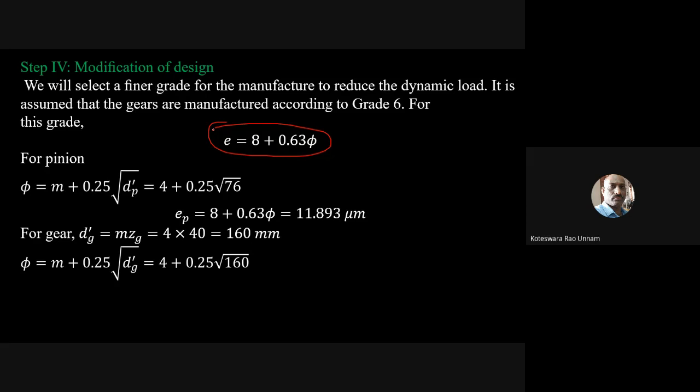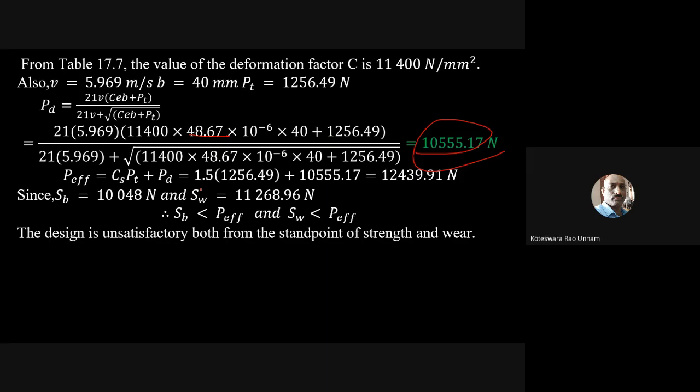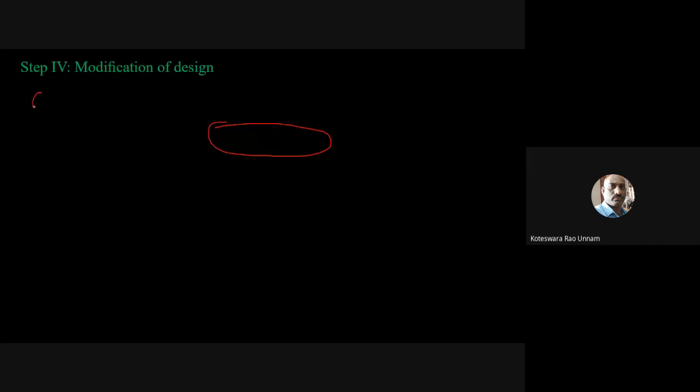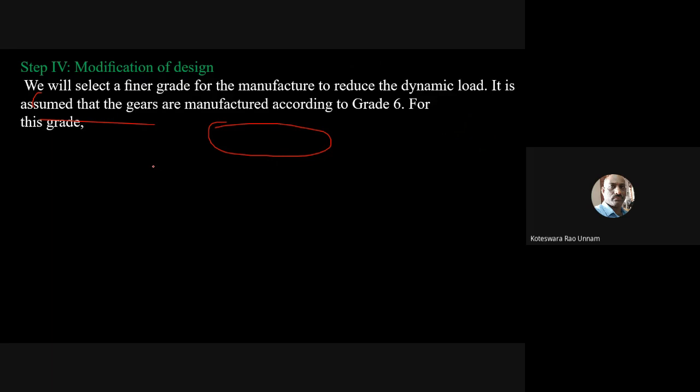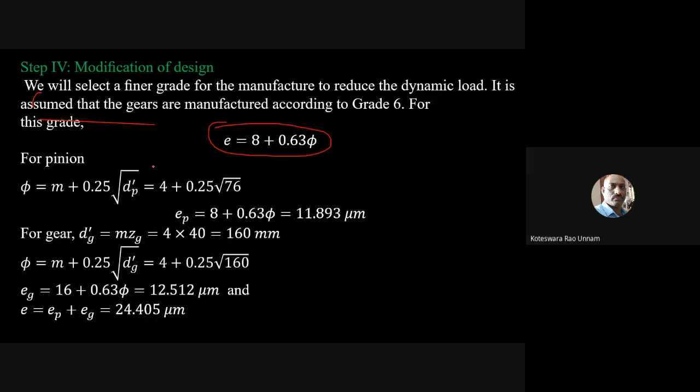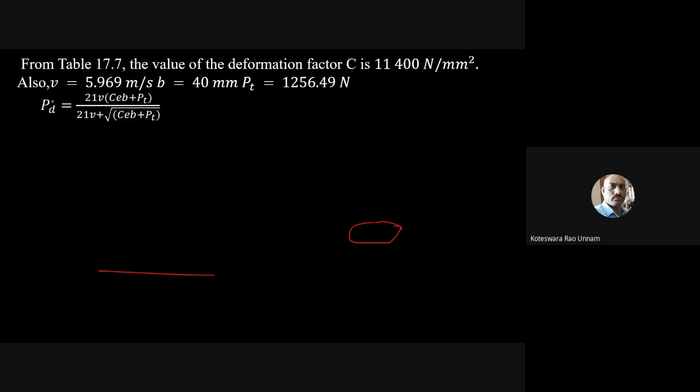In fact, this formula is also not given in your data book, I think. In the new edition, for those who have it, is the Buckingham dynamic load equation available in the data book? I don't think so. Is this formula available?